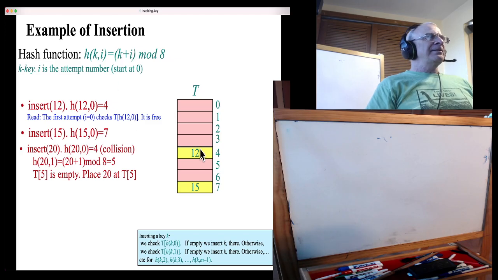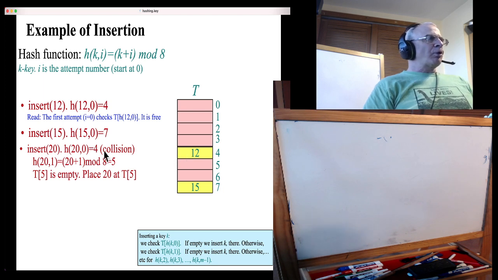Somebody is living there. So my next attempt is just k plus i, which naturally makes me move one cell downward. Of course, cyclic, modulo 8. So next cell, I'll try to insert 20. This cell is empty, and that's where 20 is going to live.